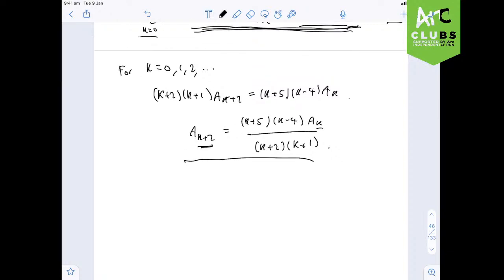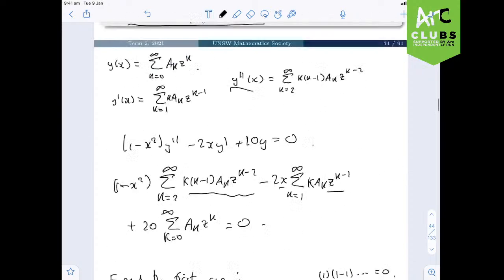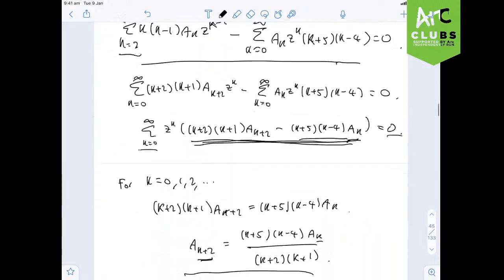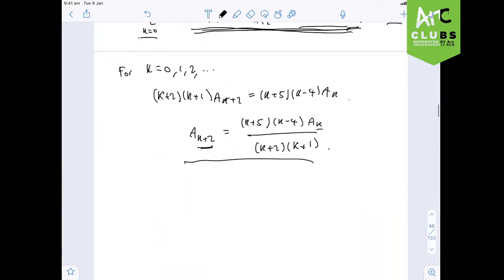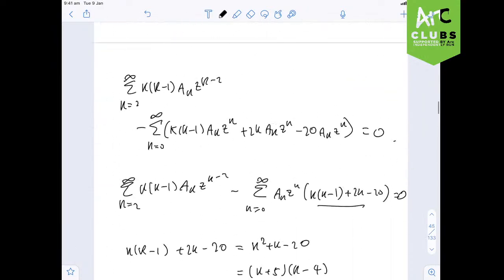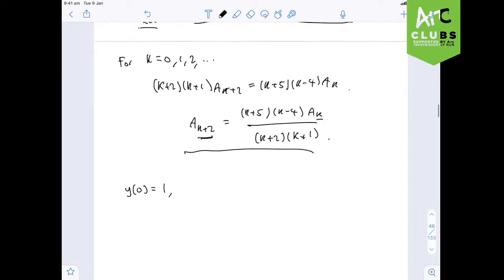How do we do that? Well, we use the initial conditions. If we look back over here, we have y(0) equals 1 and y'(0) equals 0.